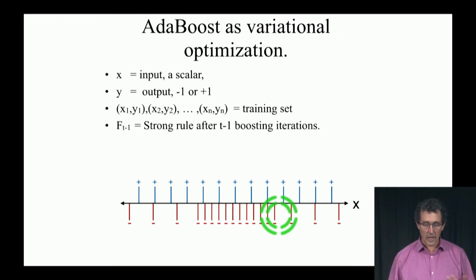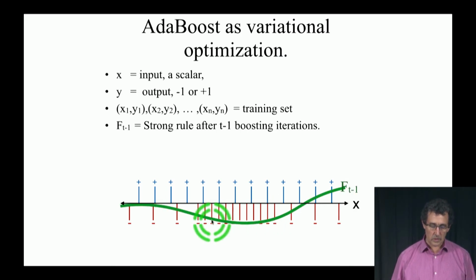So suppose that we have a strong rule that we got so far, and we want to improve on it. So the strong rule maybe looks something like this. Okay, so it's negative here, and it's positive here, but here it's not quite as positive as we would like it to be.